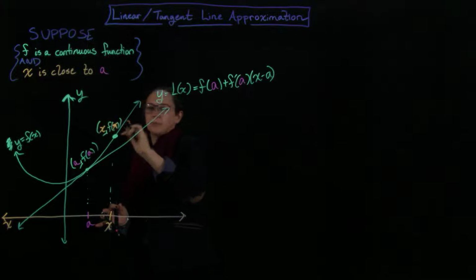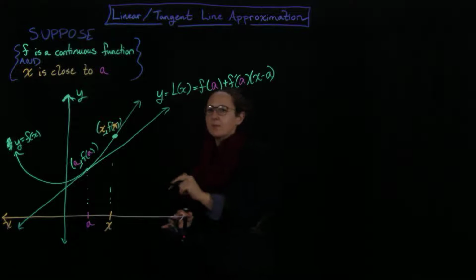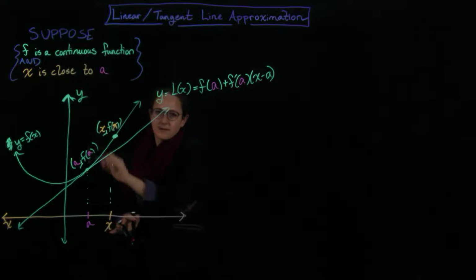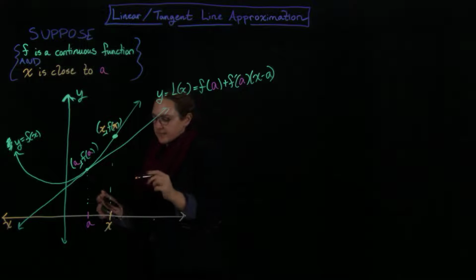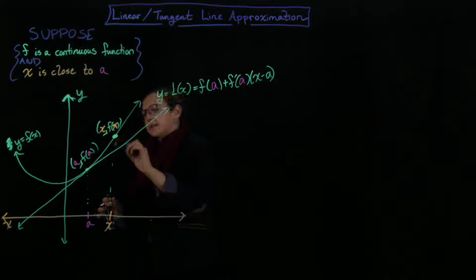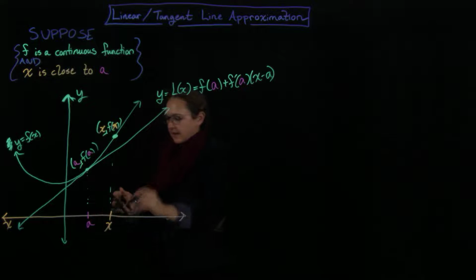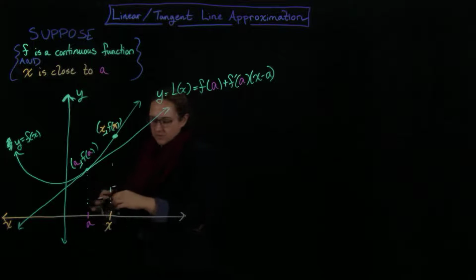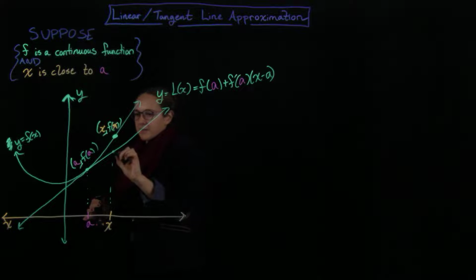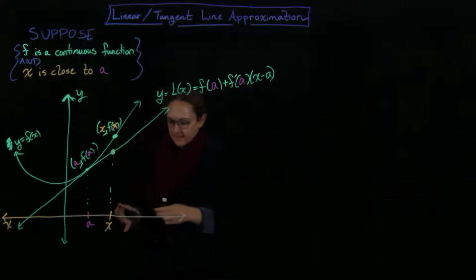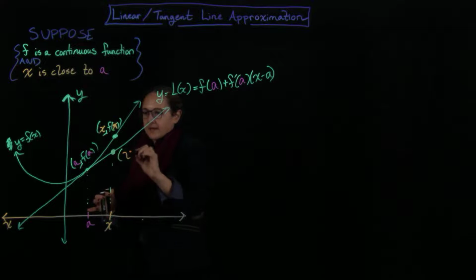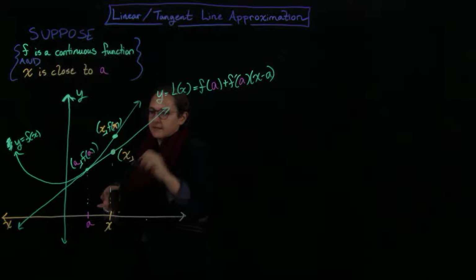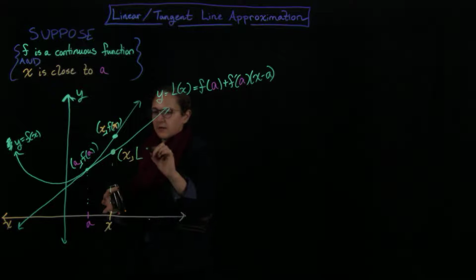My function may not be easy to compute at that point, but maybe it's easy to compute at a. And so I was able to compute that and its derivative, so I could create this equation for the tangent line. And what I can see is that hopefully, if I'm close enough here, the tangent line is going to be able to approximate. I could get this point, x and then L of x, and these should be really close.